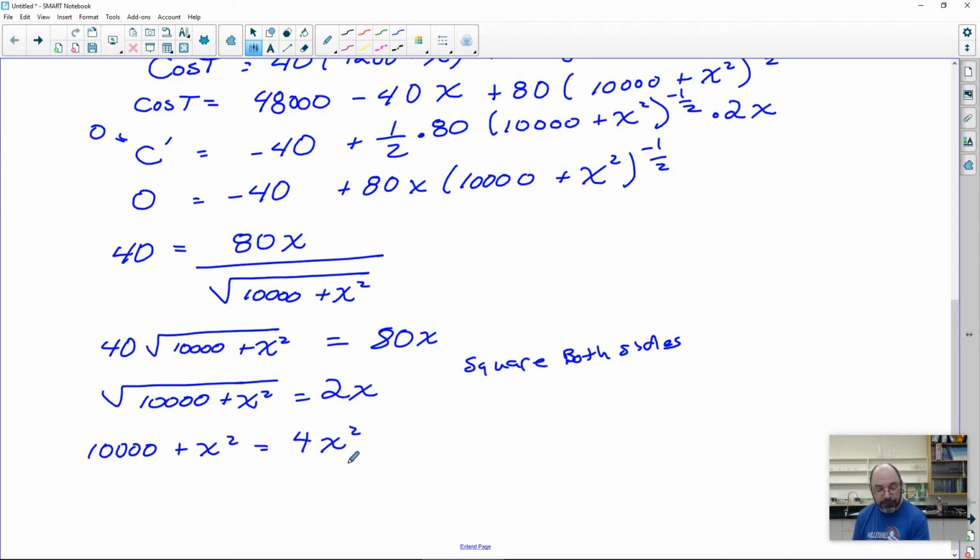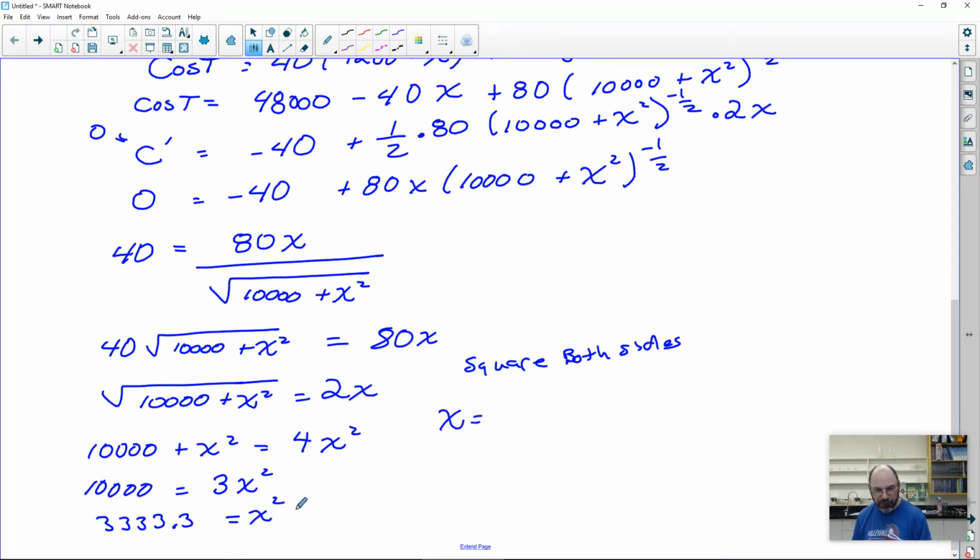All right. So collect the x squareds to one side. Subtract x squared, subtract x squared. So 10,000 equals 3x squared. 4x squared minus 1x squared. Okay, divide both sides by 3. So 10,000 divided by 3, 3,333 and a third. And square root both sides.